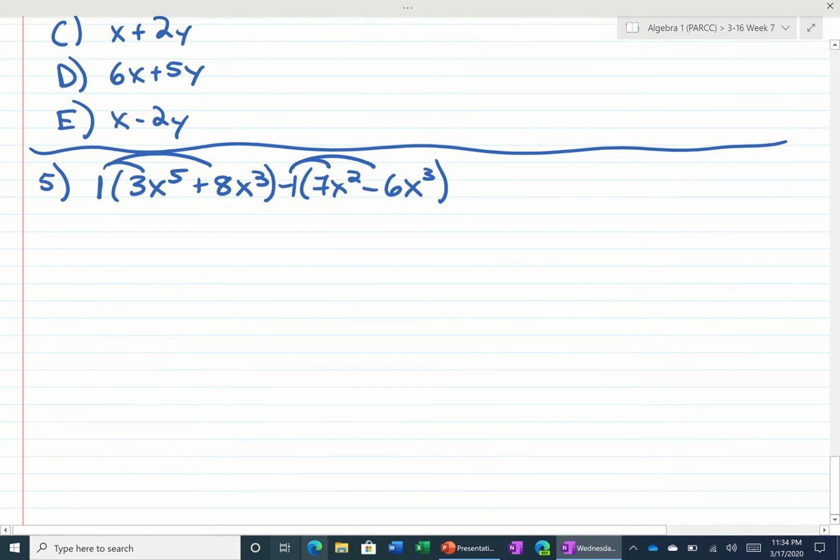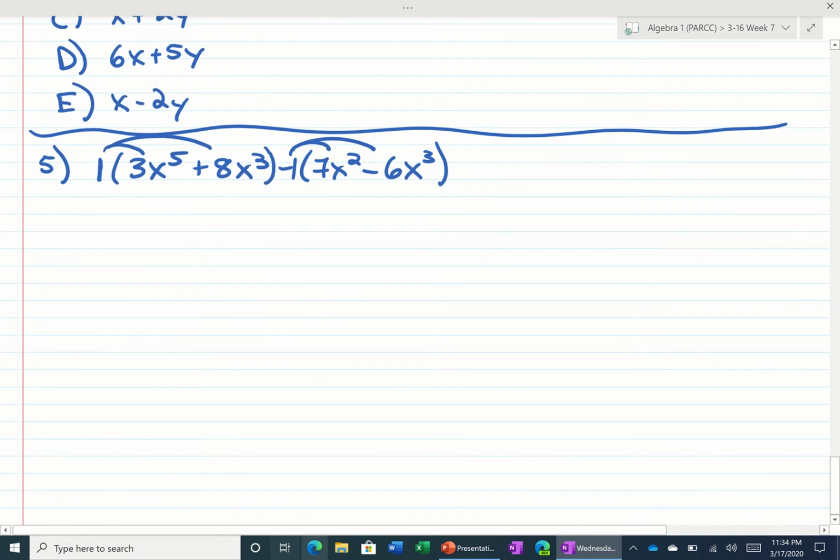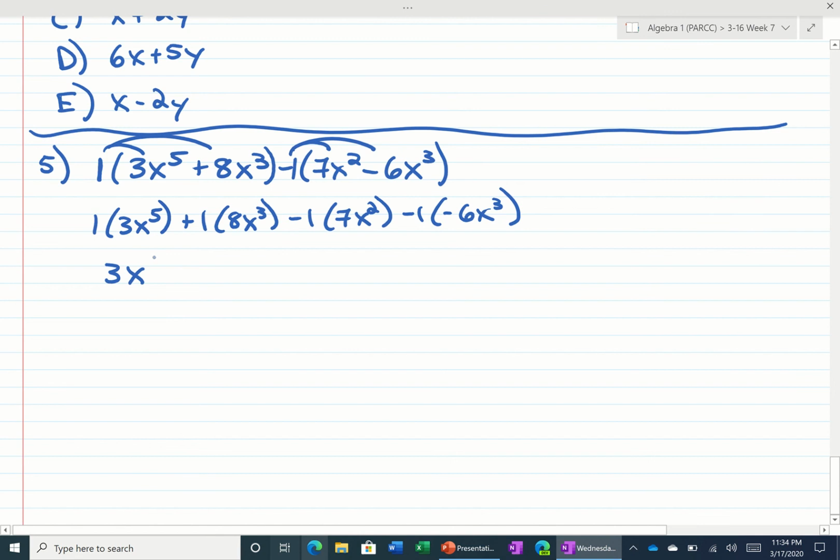This would be 1 times 3x to the 5th plus 1 times 8x to the 3rd minus 1 times 7x squared minus 1 times negative 6x to the 3rd. This would be 3x to the 5th plus 8x to the 3rd minus 7x squared plus 6x to the 3rd.